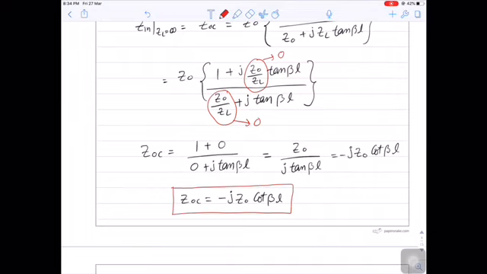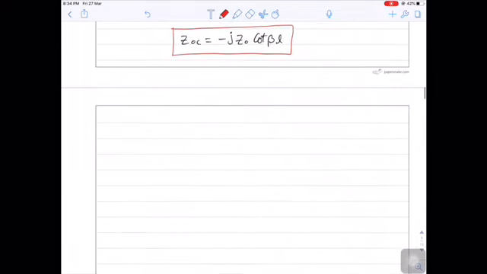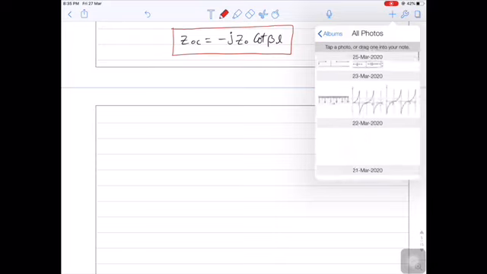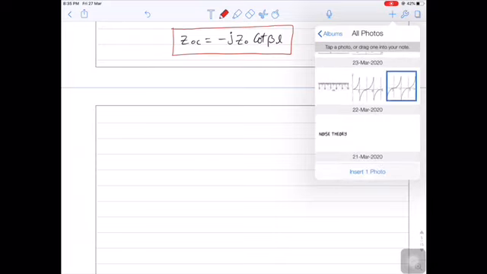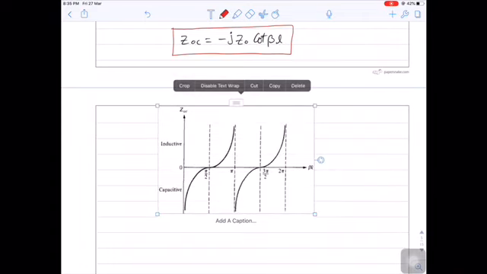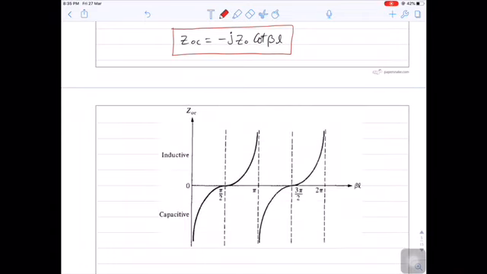If you observe the graph for this, if you try to substitute the values of beta L here, then ZOC equals minus j into ZO into cot beta L, which comes as this graph.